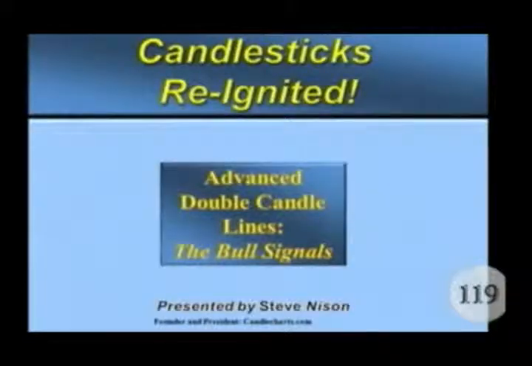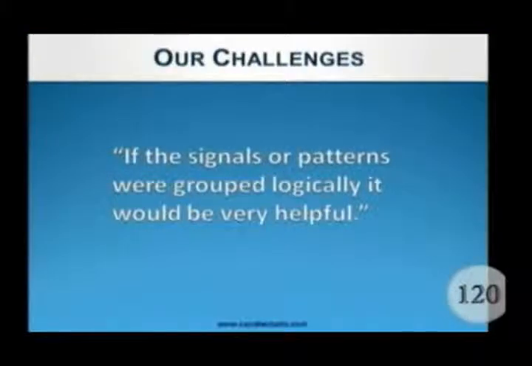Now we're going to talk about the bullish dual candlestick lines and getting back to the idea of the signals being grouped together logically. So what I've come up with is what I call candle progression.